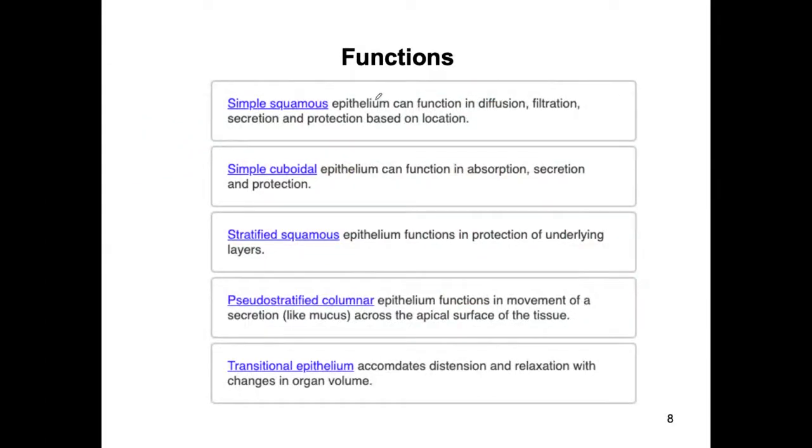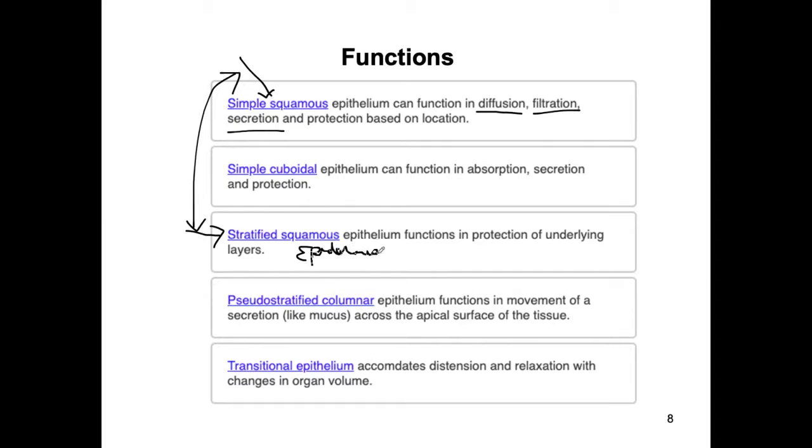When we look at some of the functions, when we look at simple squamous epithelium, this is what we drew before with oxygen and CO2 passing through. It's really important for diffusion, filtration, and secretion. When we look at stratified squamous, that's different than simple squamous. Stratified squamous is many, many layers. We think of the epidermis when it comes to that, like the skin.